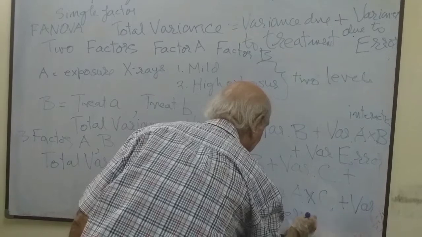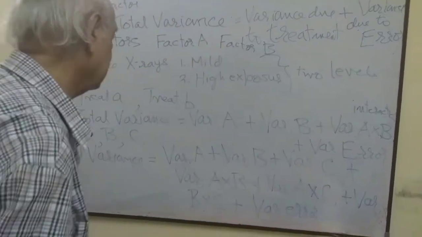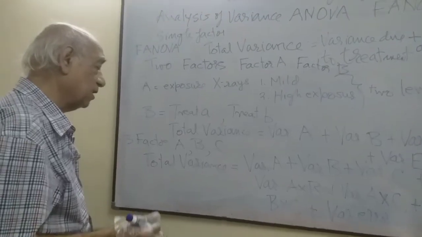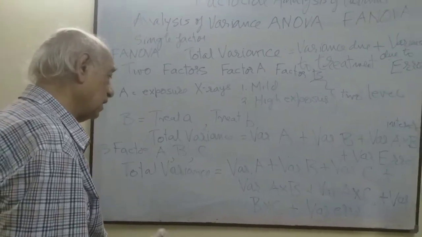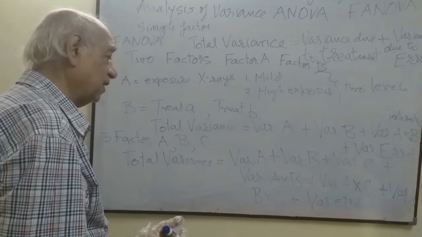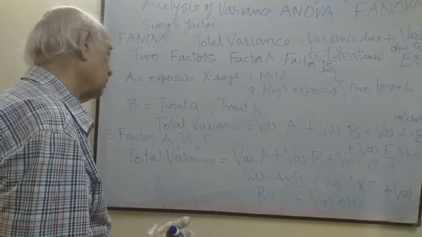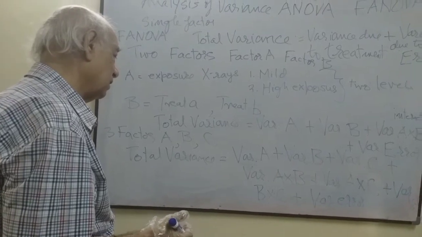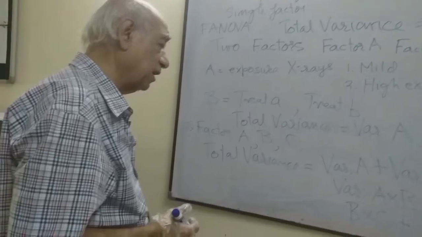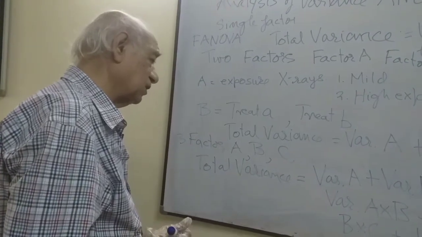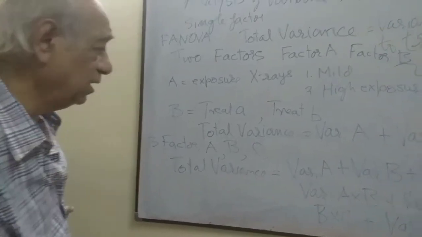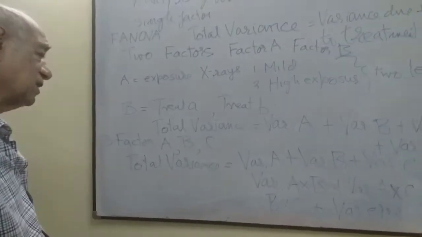Why is there error? Error is due to genetic variability among the subjects. For example, human beings or plants have genetic variability, so each one is slightly different. For example, in human beings, there are different heights, different colors, different shapes of nose, different hair types, and so on. So there is variation that can be due to genetic variance.